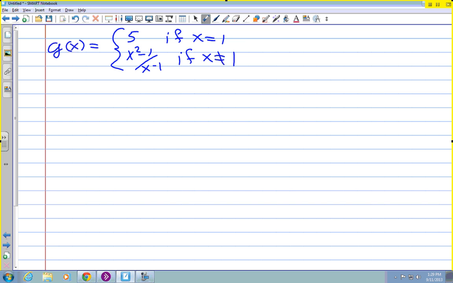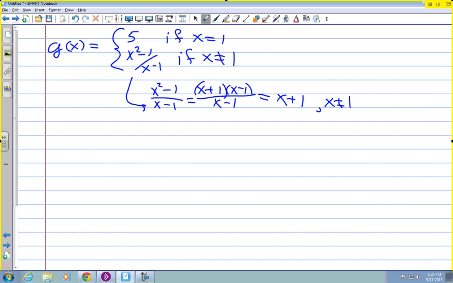So it's kind of the same idea. I will take x squared minus 1 over x minus 1 and simplify that. It will reduce to x plus 1. But again, x cannot equal 1 because of the denominator, and that was kind of given by the way this function was defined. X cannot equal 1.